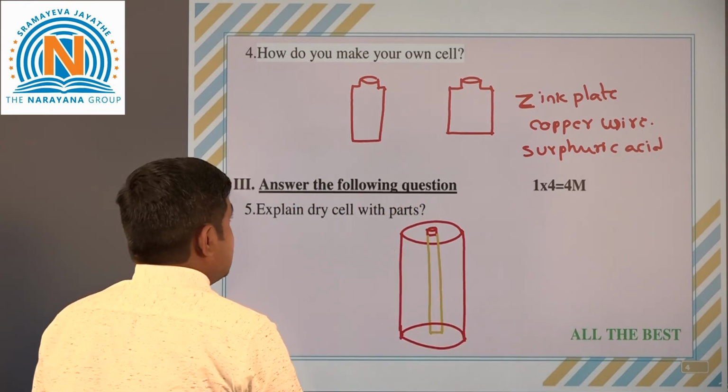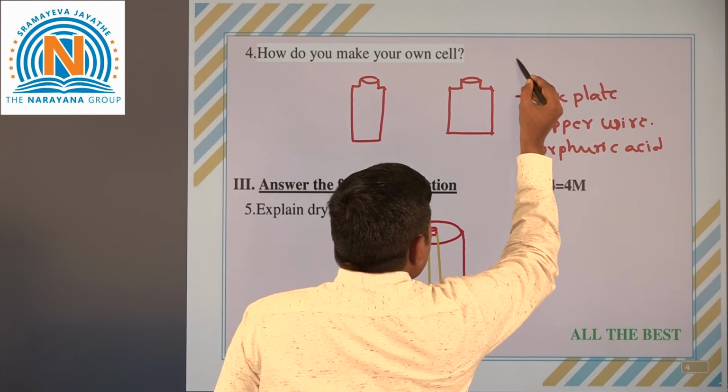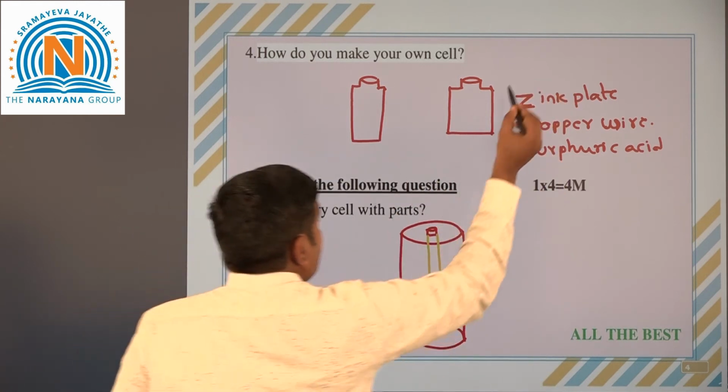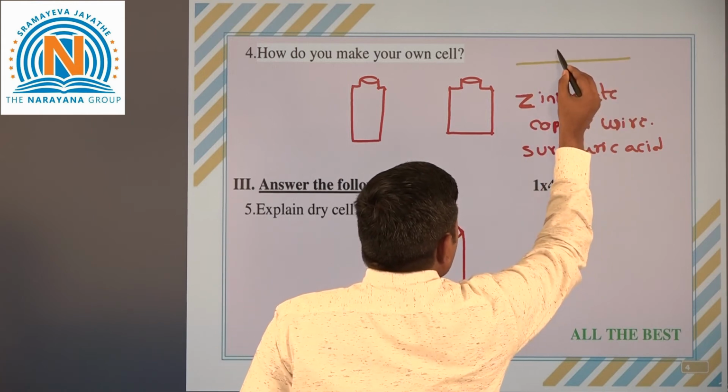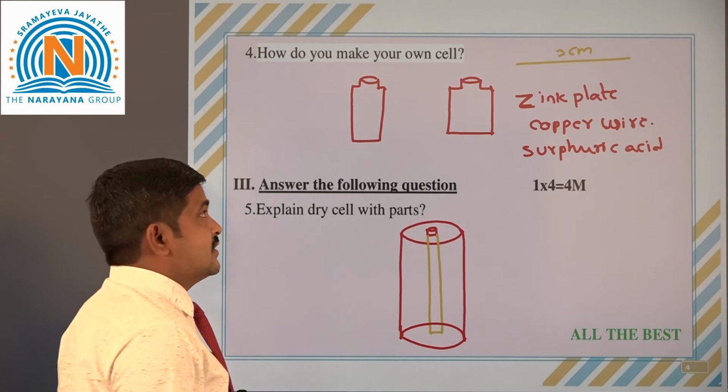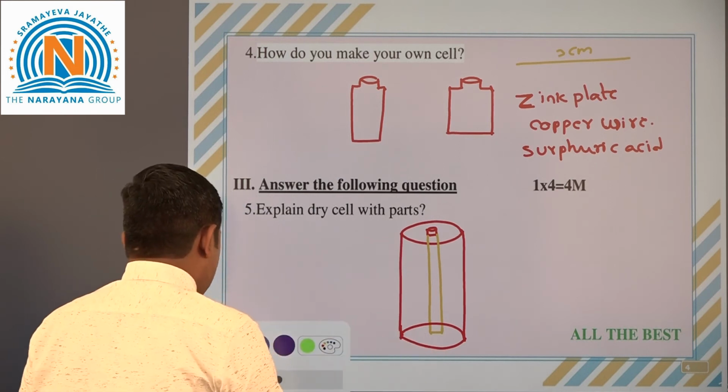How can we prepare it? Let's see. Take 3 centimeter length of rods, and at each side scrap some insulation.